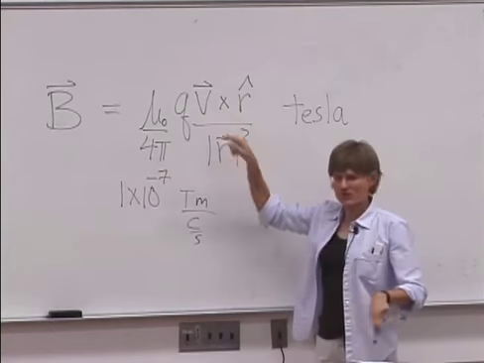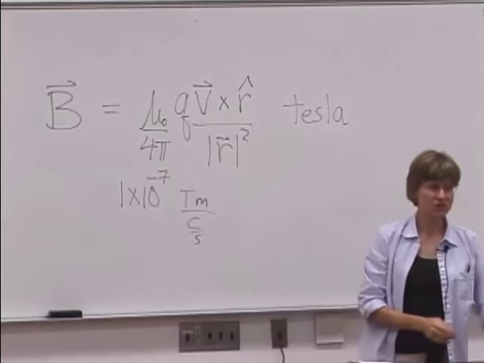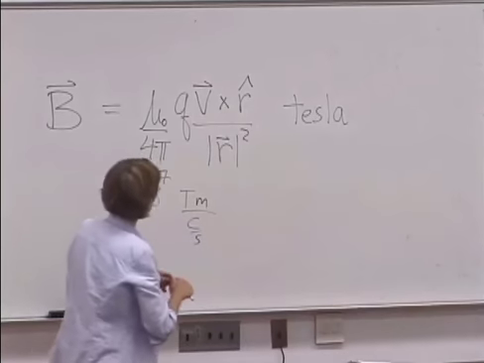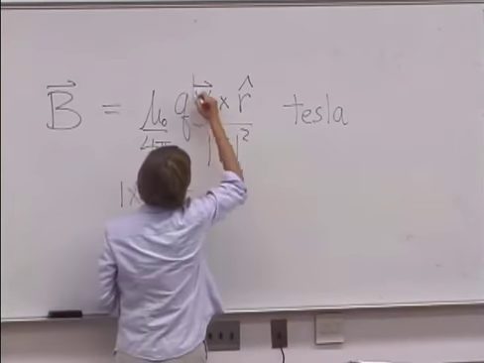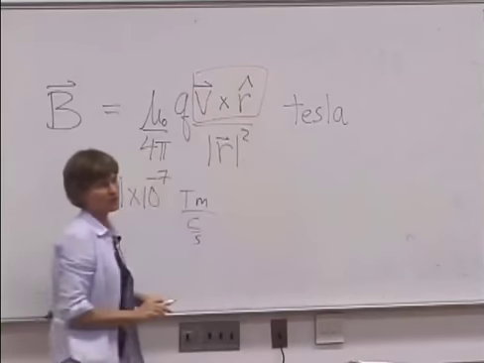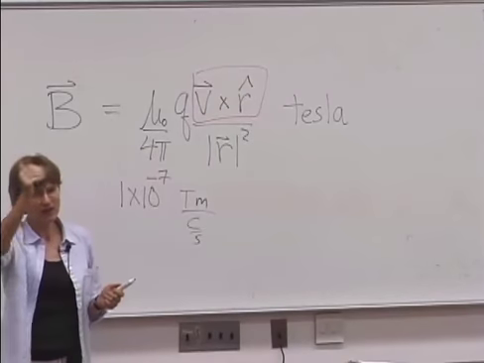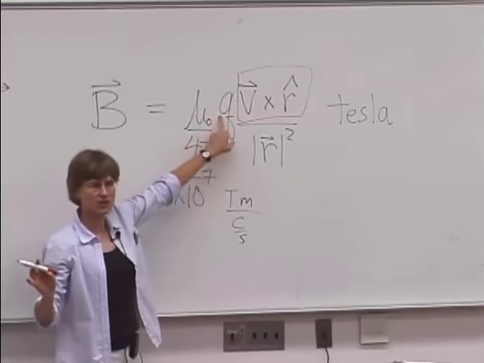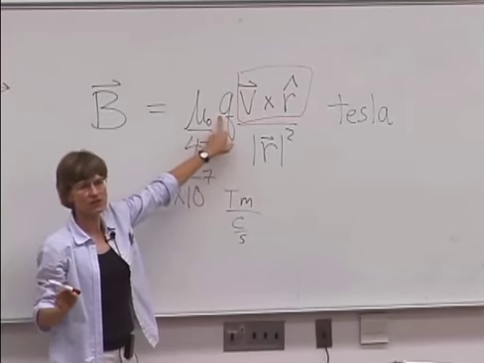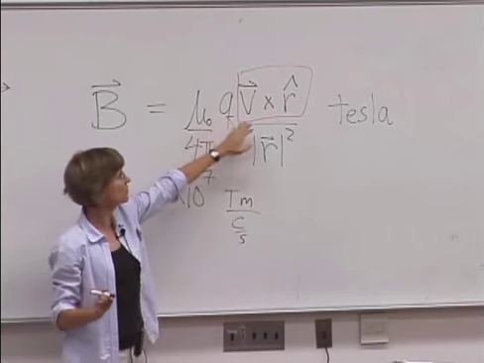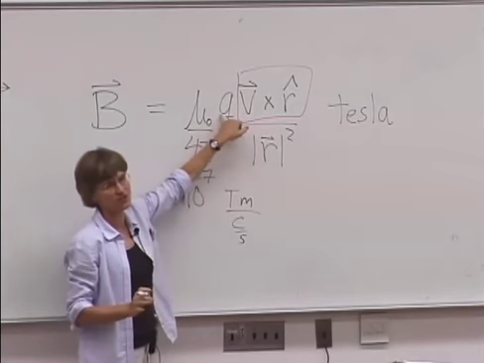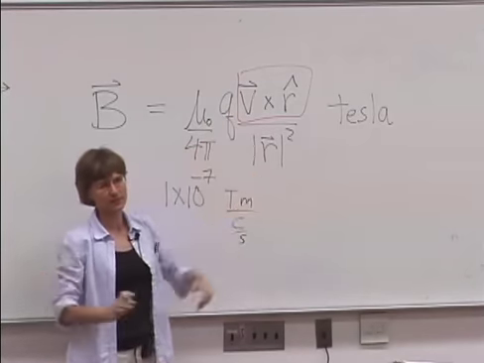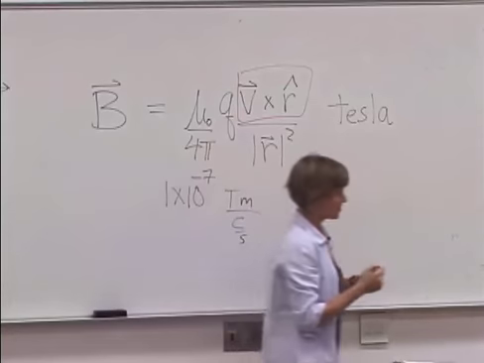You can get the direction. Now, the key part for getting the direction, everything matters for the magnitude, but for the direction, the first thing you do is V cross R hat, right hand. And then the second thing, exactly what you were just doing a minute ago, you say, what's the sign of the charge? If it's positive, it's in the direction of V cross R hat. If the charge is negative, I have to flip it. And that's basically all there is to it.